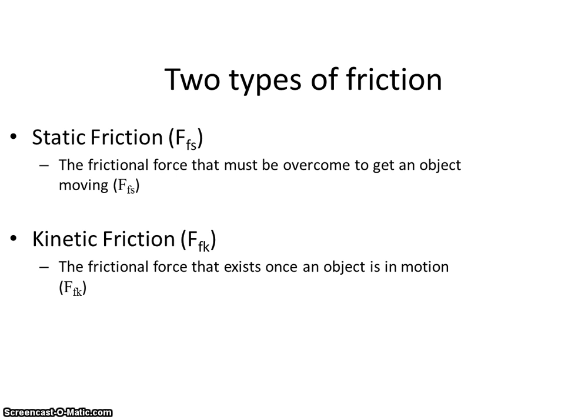To get an object moving, you have to overcome the static frictional force between that object and the surface. We denote F, capital F, lowercase f, and a little s to be the symbol for static friction. Once you get the object moving, the friction between that object and the surface that it's in contact with is called kinetic friction.